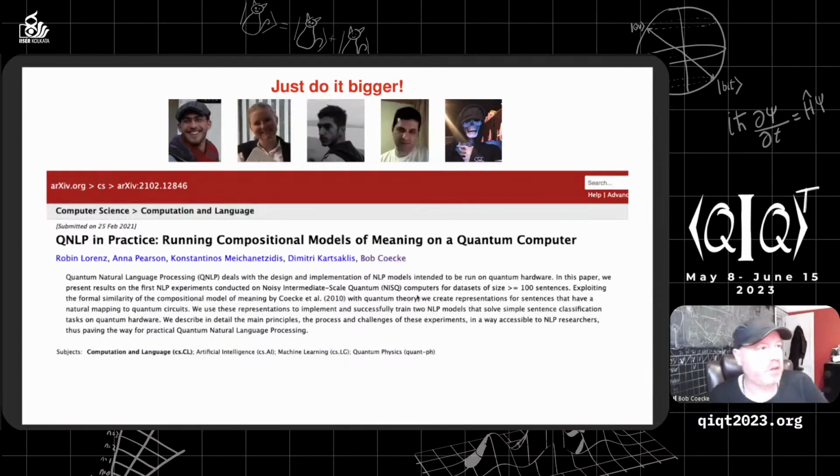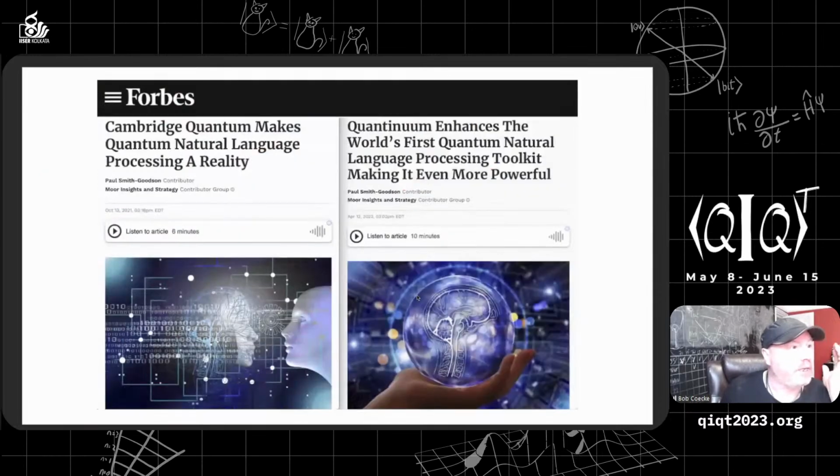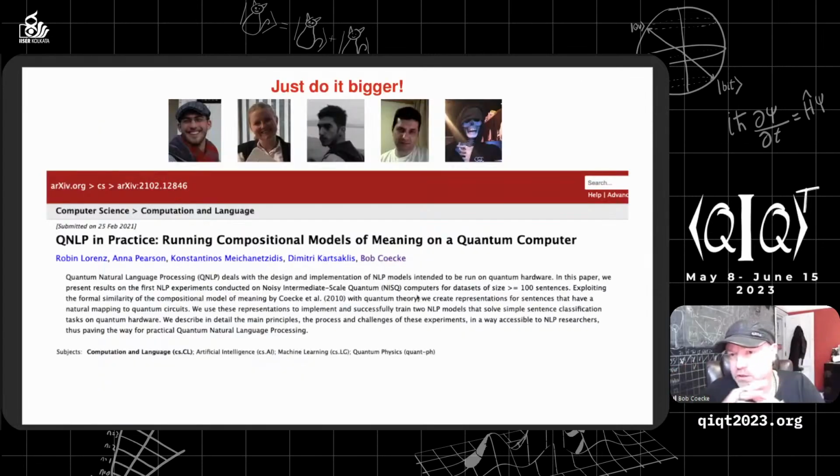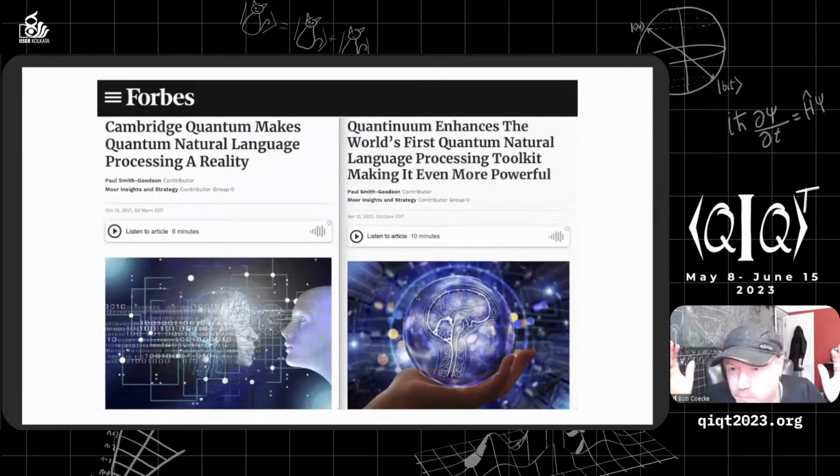Then, of course, we started to try to do it bigger, which we did in this paper, QNLP in practice, which was published a few weeks ago in one of the main AI journals. The next thing we did was take all the software we had developed for quantum natural language processing, make it really nice, and release it as open source.